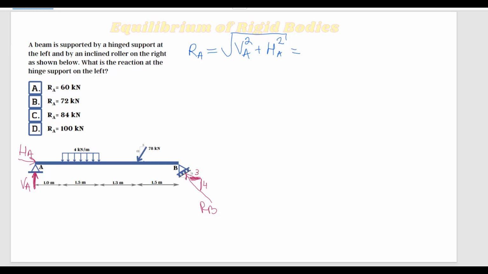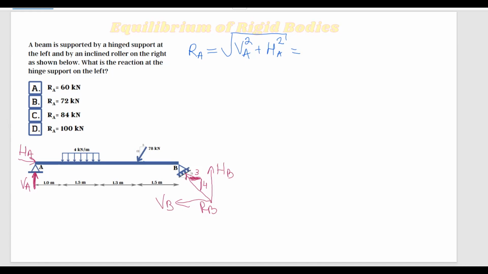All I do is just rotate this triangle and I'm getting this slope, which means now if I want to rewrite these forces, I will have an RB horizontal, or I'll have HB and VB.